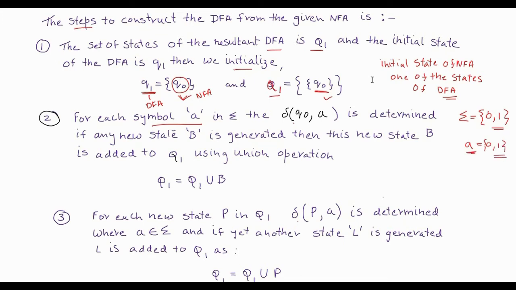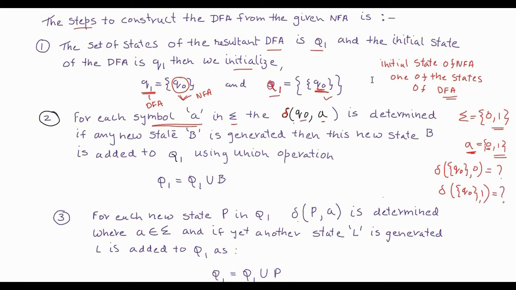For each symbol a in sigma, we find out the transition of this initial state q0 on a. With regard to our example, we will have to find out what δ(q0, 0) is, and then we will find out δ(q0, 1).